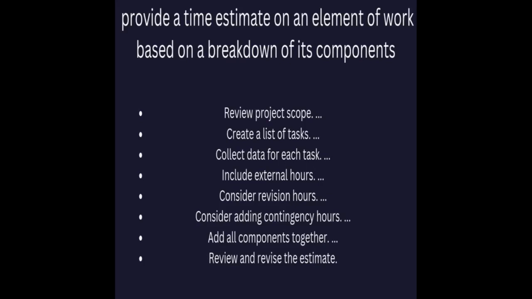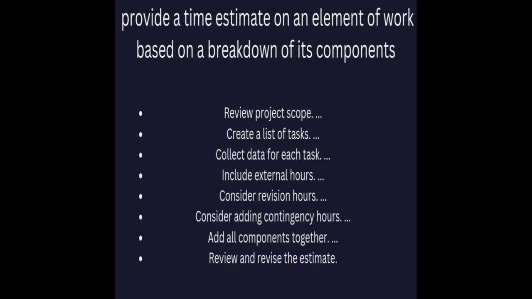The second question was provide a time estimate on an element of work based on a breakdown of its components. So what I first did was I reviewed the project scope. I created a list of tasks within that scope. I collected the data for each task. Then I included my hours if I was having a break or if I was still working on my project.